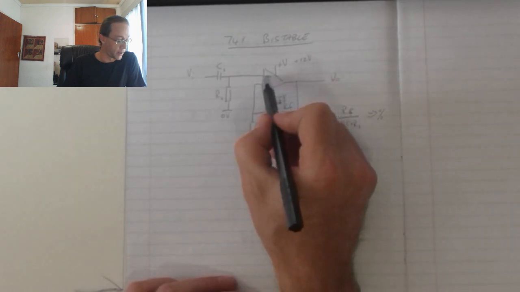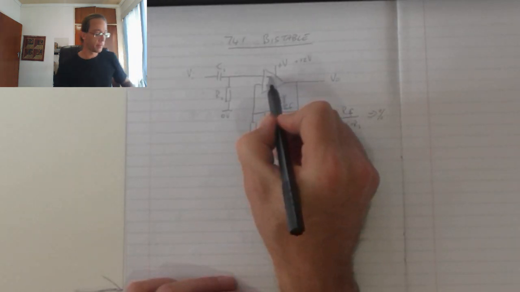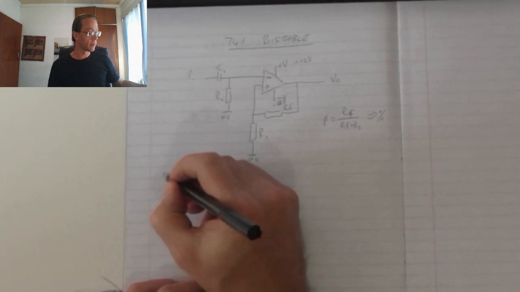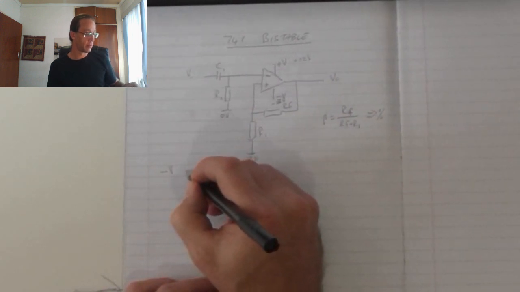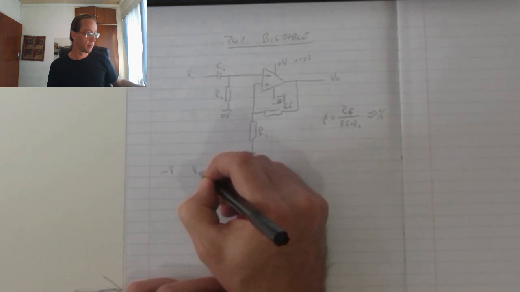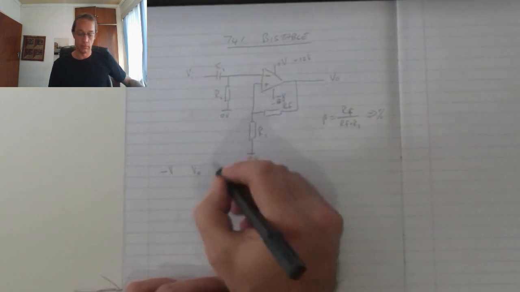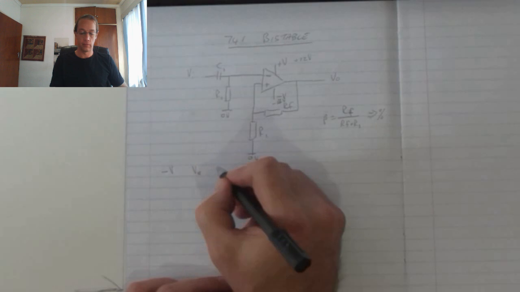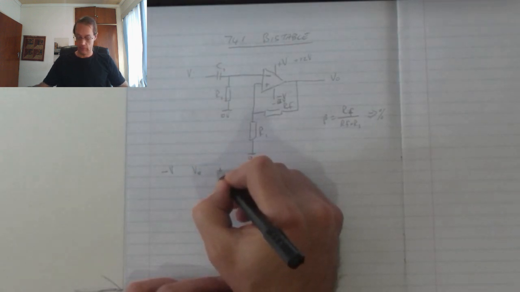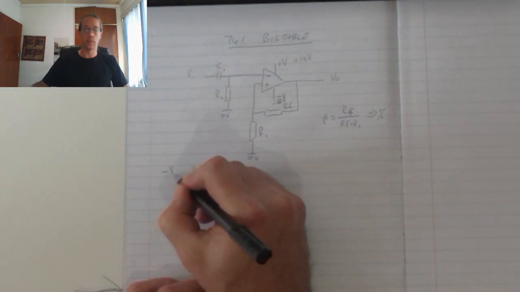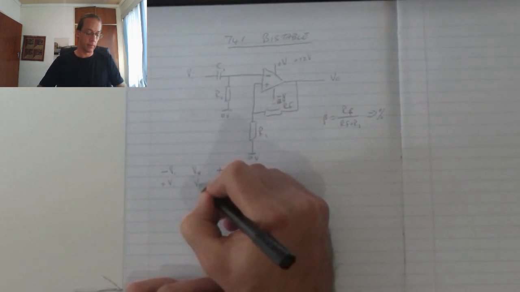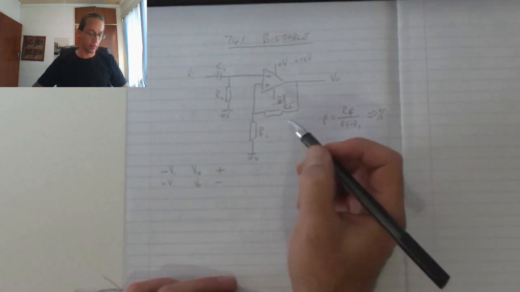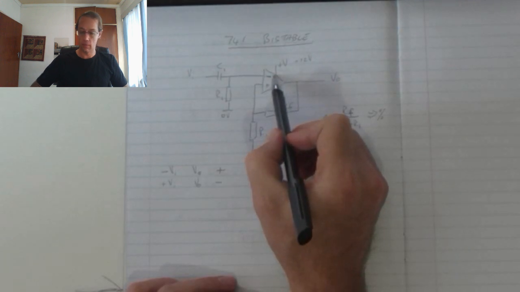Now, because I've got the input connected to the inverting input, I know that if I supply a negative voltage, the output voltage will then switch to the positive state. If I supply a positive V in, then my output will switch to the negative because of the inverting.